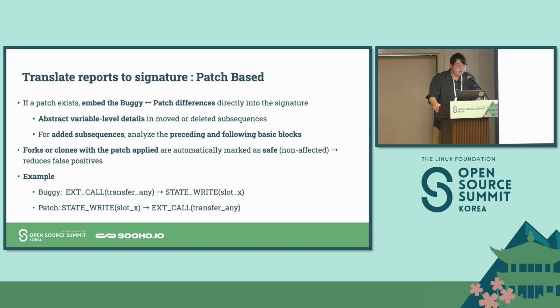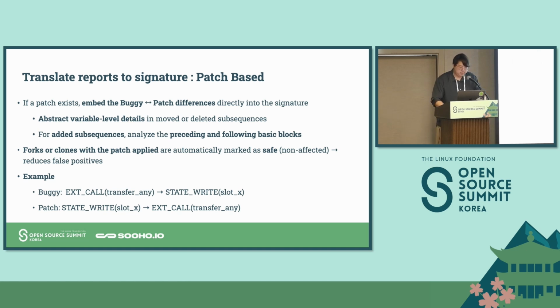We ignore small variable-level differences, like specific storage slots and function names, so the signature works across compiled versions. Second, when new code is added, we look at what comes right before and after it in the control flow. And third, once the patch is present, forks and clones are automatically marked as not affected. That helps cut down false positives.